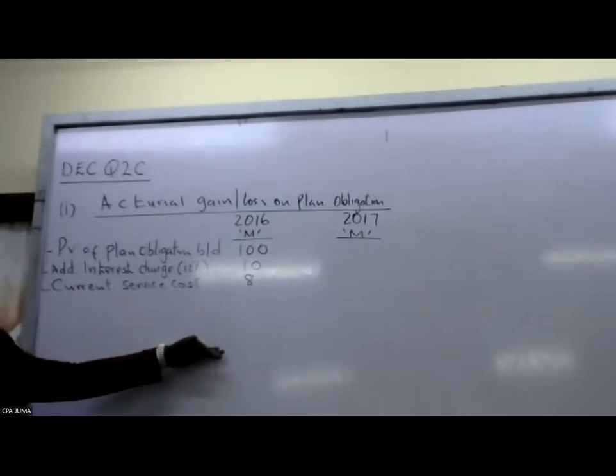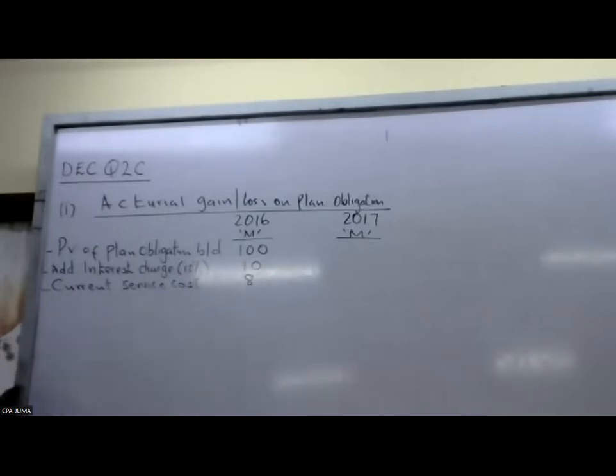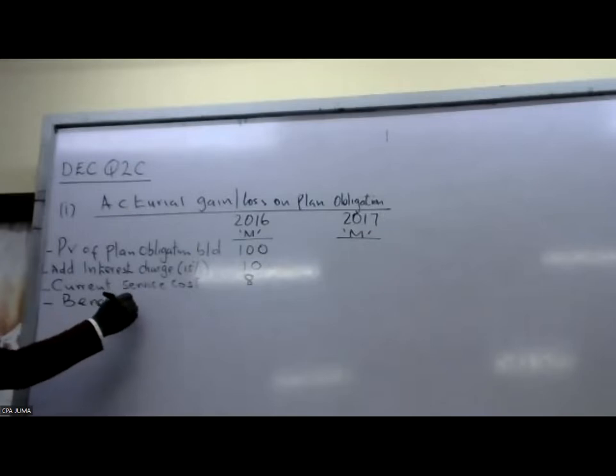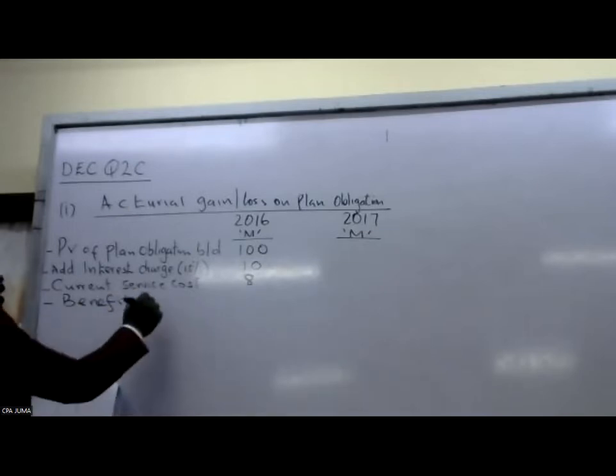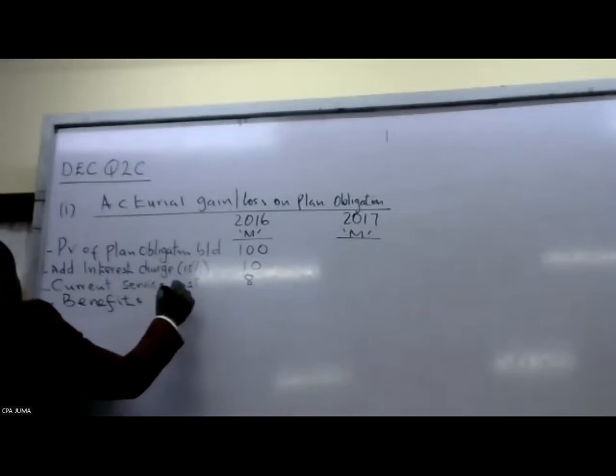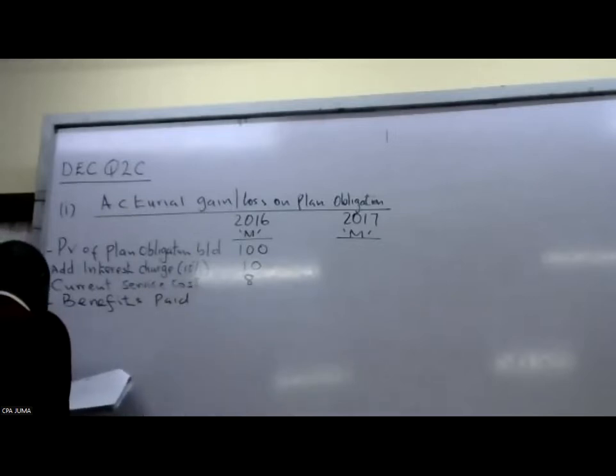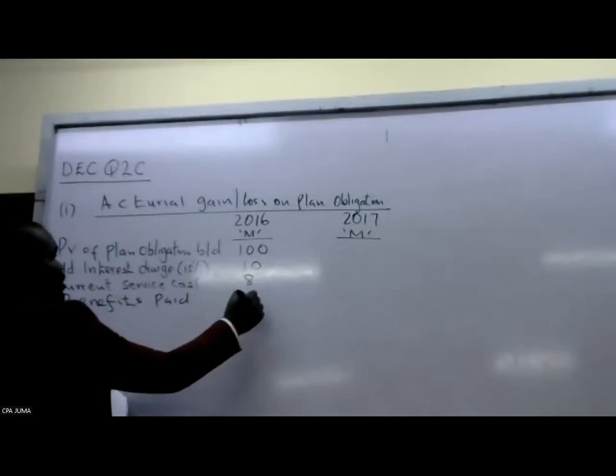You credit the investment account and you debit the obligation account at the same time. So benefits paid will affect both. So when you are paid benefits, the assessment will go down proportionately. So benefits paid, you are paid how much? 15.